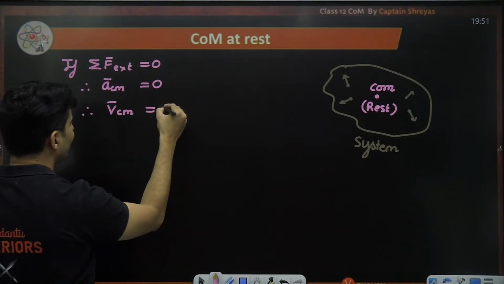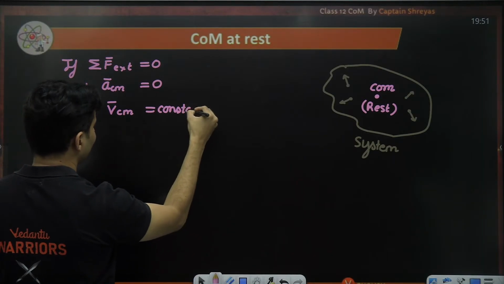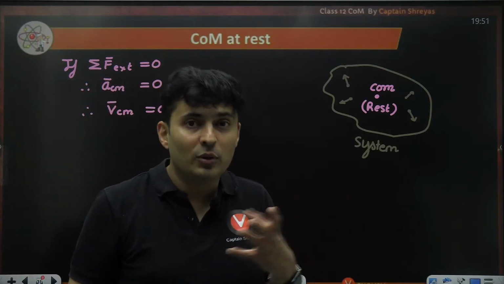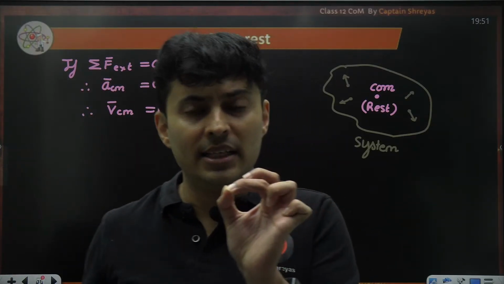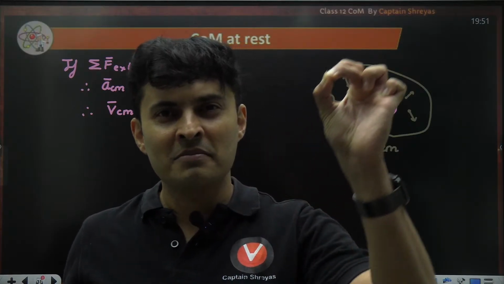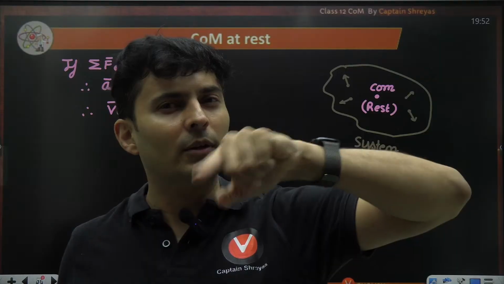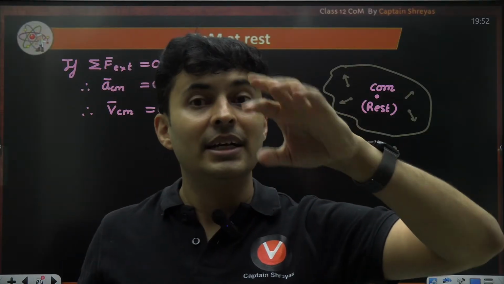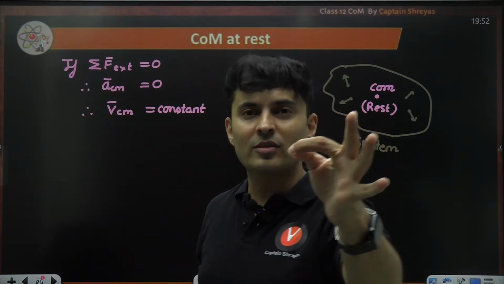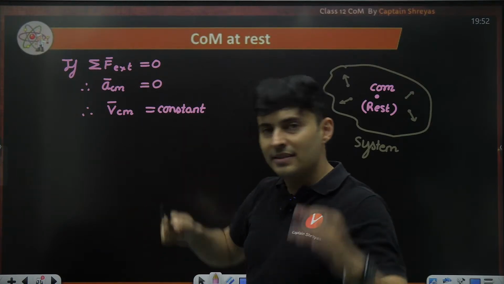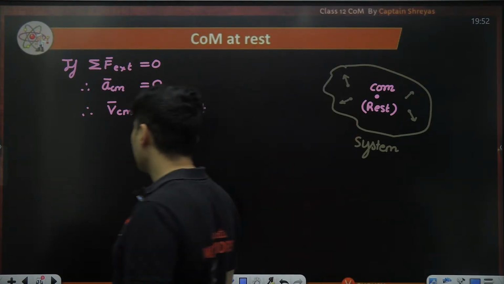Wrong. Center of mass's velocity is constant. I'm just saying it is constant. If net force is zero, does not mean center of mass is at rest. Maybe it is moving uniformly, constant speed. Okay. So now if I want that also to be zero, it's very simple. If I initially find the center of mass to be at rest, and this is also true, then center of mass will always be at rest.